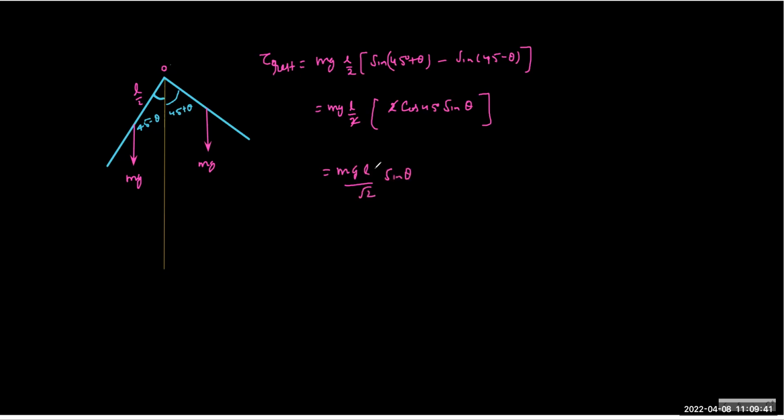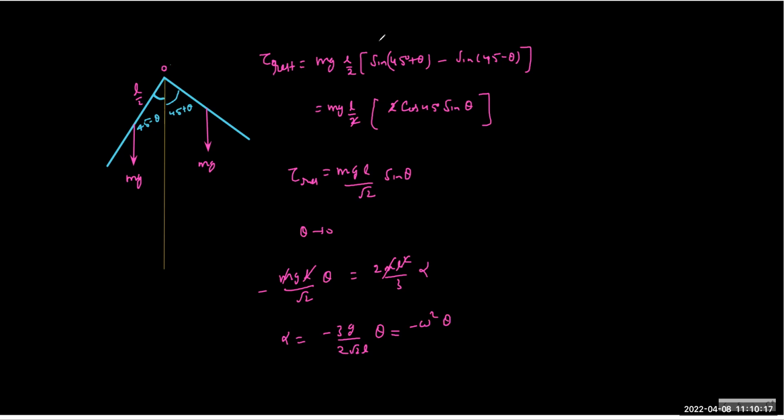And for a small angle, we can write it as theta only, right? So mgL by root 2 times theta equals I naught alpha, which is 2 ml square by 3 into alpha, correct? So alpha turns out to be minus 3g by 2 root 2 L. So we are getting the same answer.